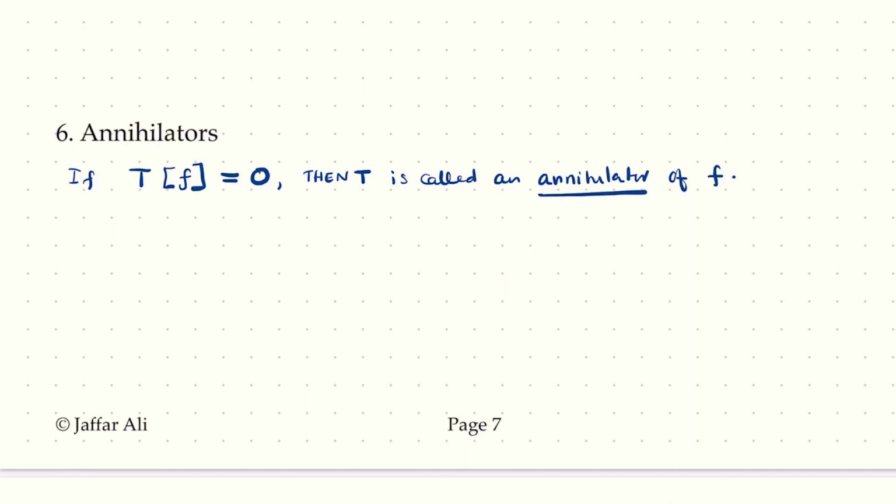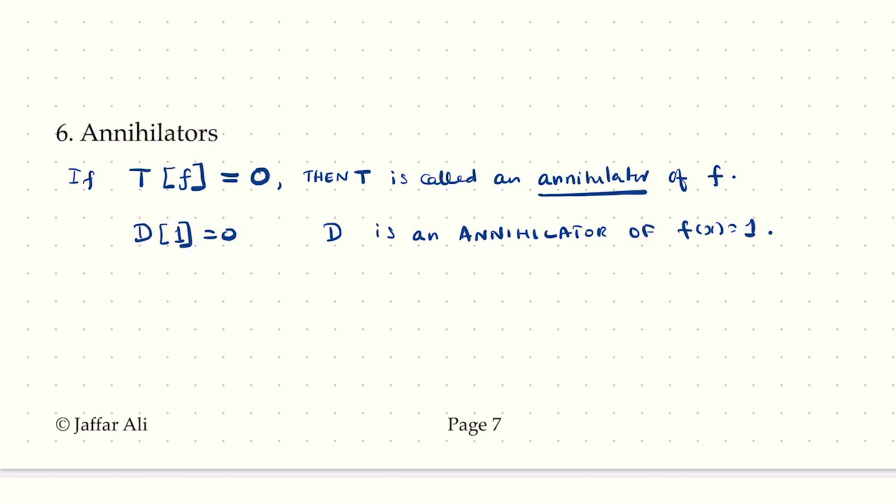For example, if you give the derivative operator the constant function 1, it makes it 0. So we say the derivative operator D is an annihilator of the function f of x equal to 1.